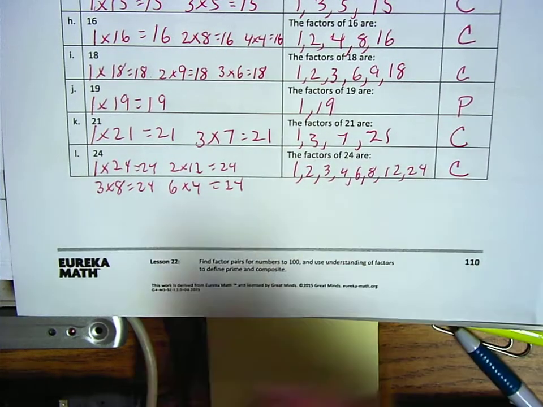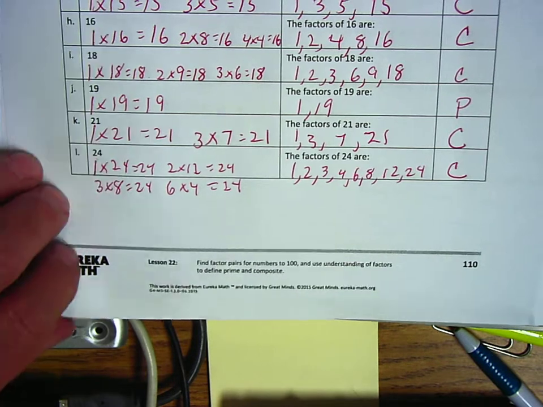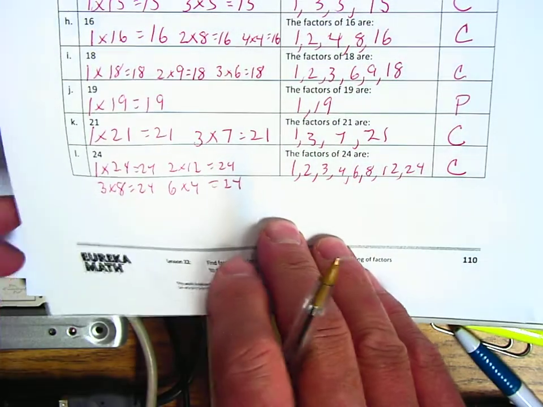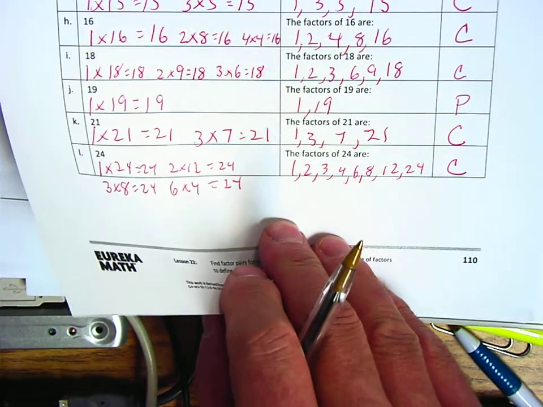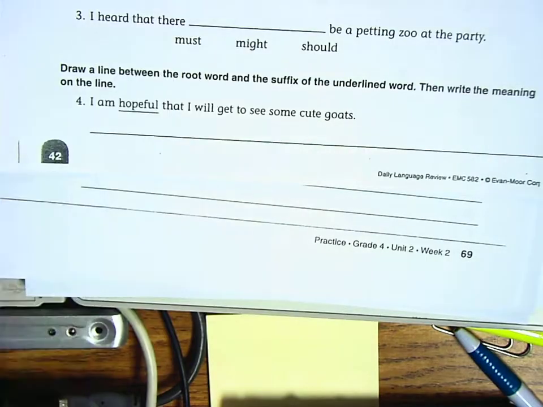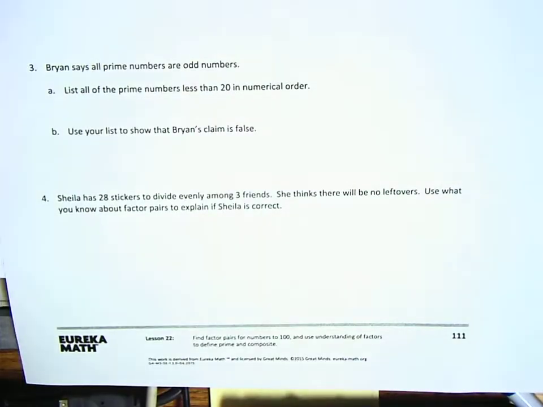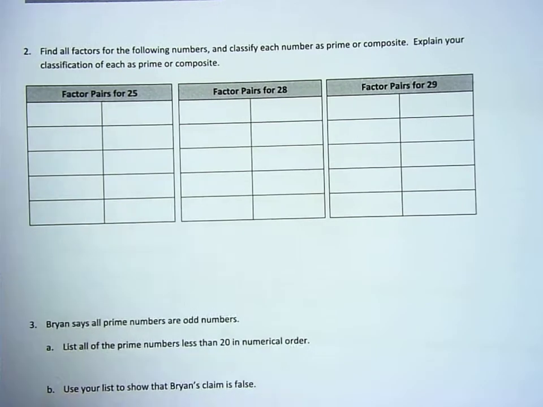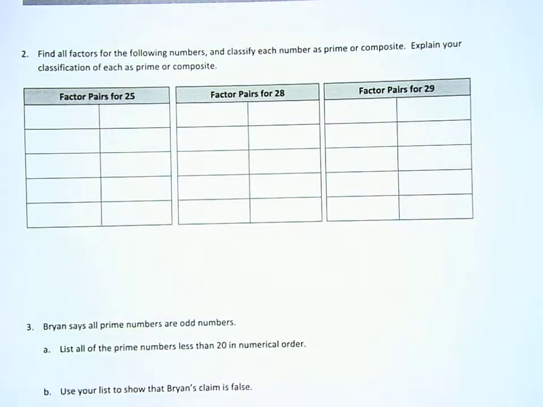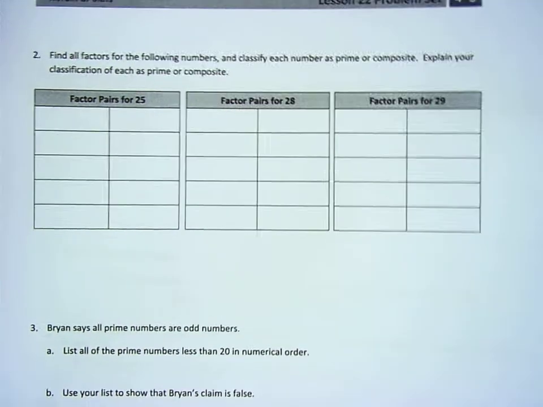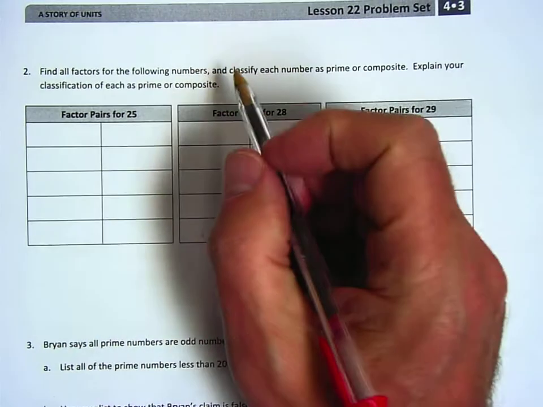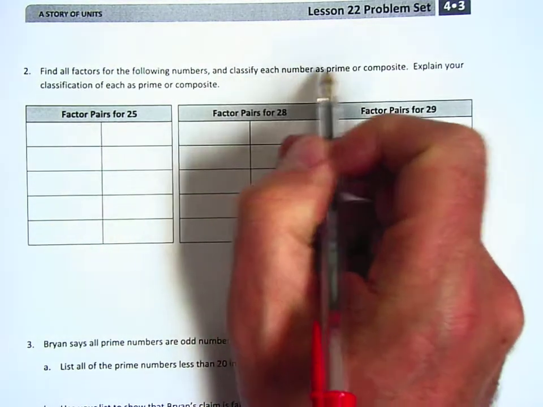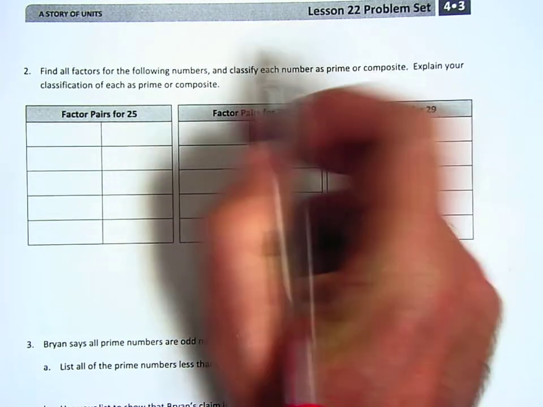It is composite. Well, let's get to the flip side of our problem set, and number 2. All right, in number 2, it says to find all the factors of the following numbers and classify each number as prime or composite.